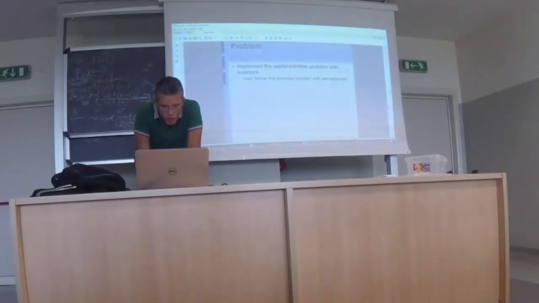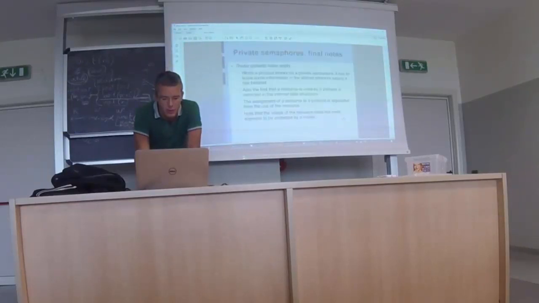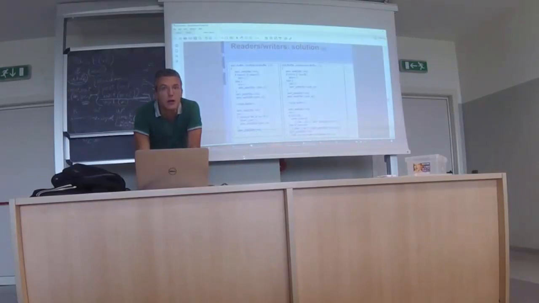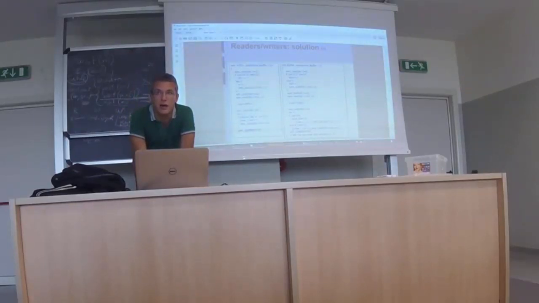So, for homework, I ask you to implement the reader-writer problem with monitors, so with condition variables instead. You just follow the previous solution, which is this one, which used semaphores. Try to rewrite it using condition variables.